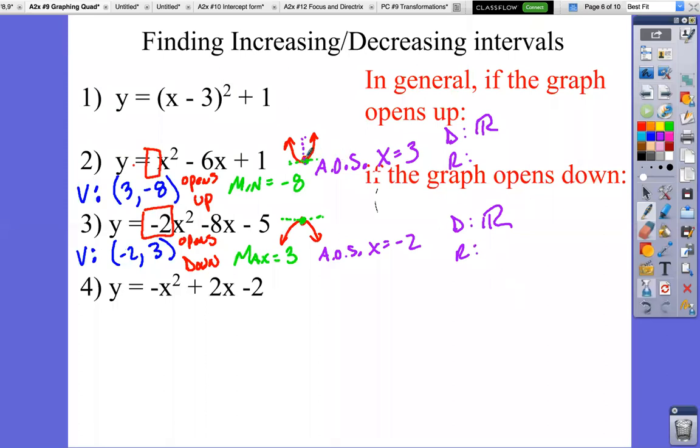So again, on number 2, if your minimum value is -8, that means your range is going to be what? Greater than or equal to -8. That's exactly right. So your range down here, this is a maximum value. Your range is what? Less than or equal to 3. Perfect. Any questions?